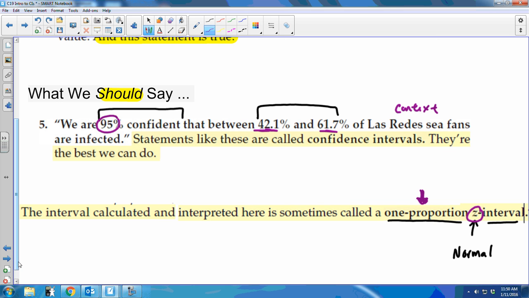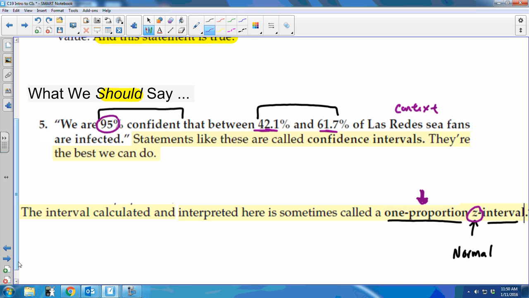Now, there are a bunch of different confidence intervals that are calculated a bunch of different ways. That's going to be the problem in this class. Right now, we're only going to have one. It's not going to be an issue. By the time we get done with chapter 27, you'll have 1, 2, 3, 4, 5, 6 different confidence intervals you have to know. They all have a different name. You have to be able to name them.